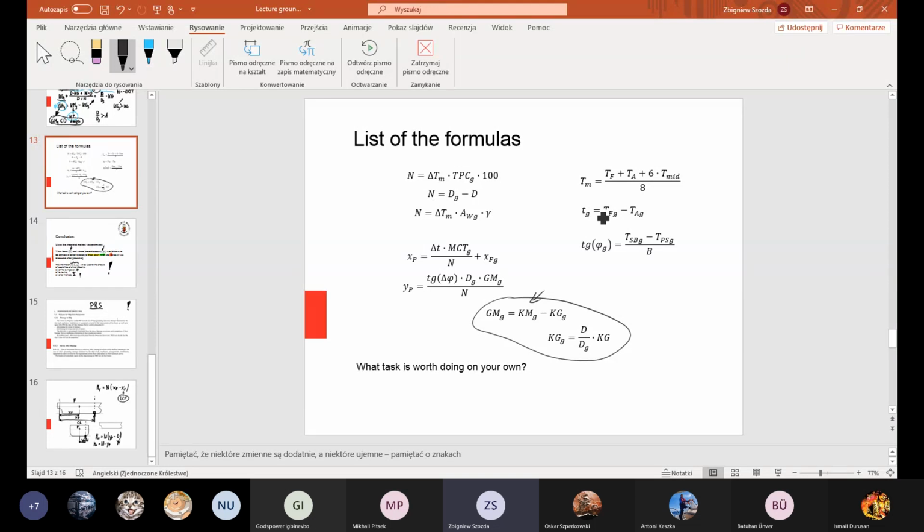So maybe I should put here TMG, yeah, and follow this formula: TFG, TAG 6 times TMG and divided by 8. Just to read the position of the metacentric point from hydrostatic table, hydrostatic particulars. To do this, you need mean draft.